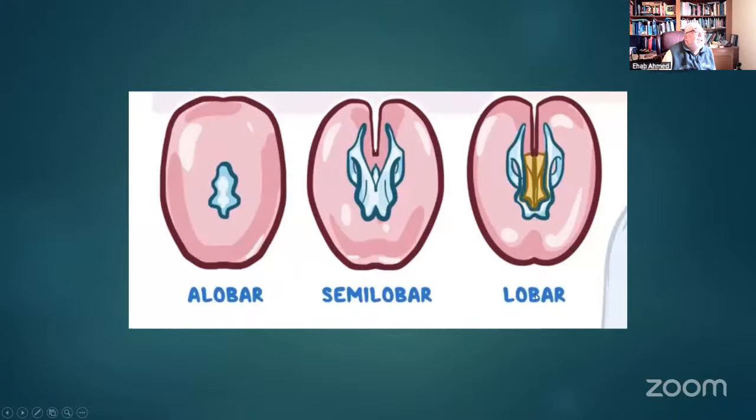Yes, this is the alobar, complete fusion. This is the worst. Lobar, some degree of division that goes as far as maybe the posterior part of the brain, and this is the semi-lobar in between.